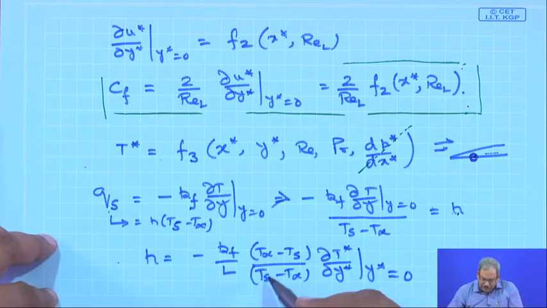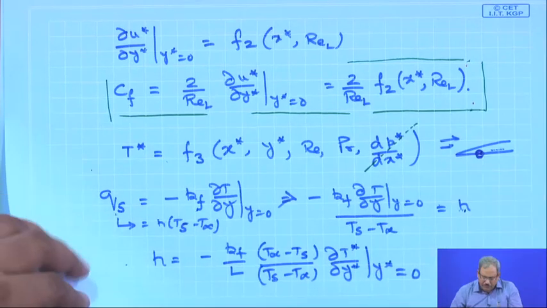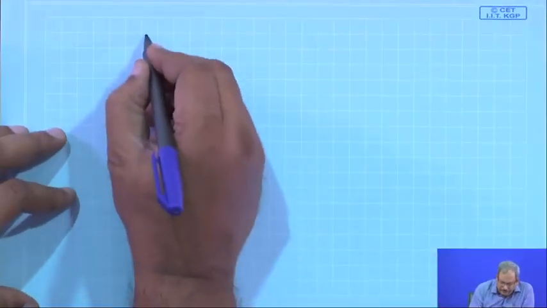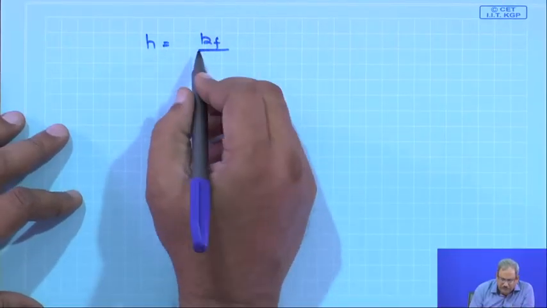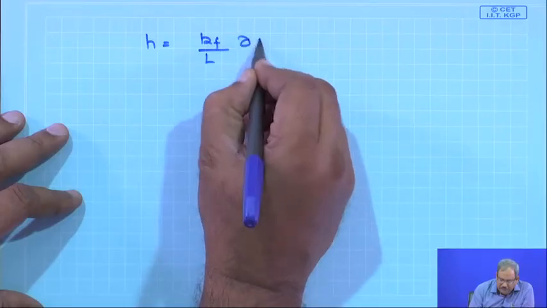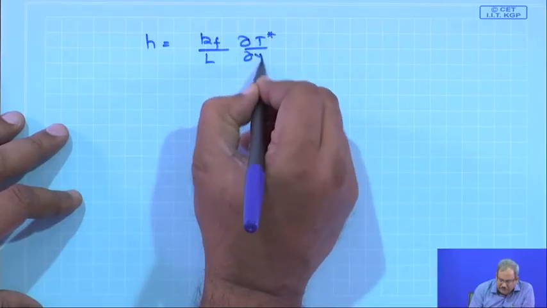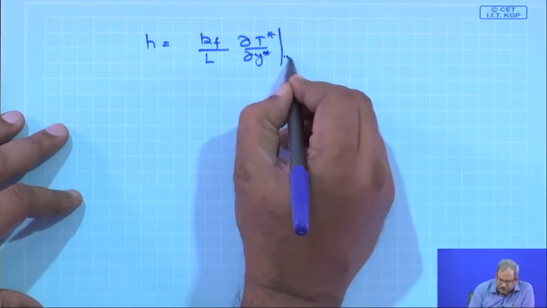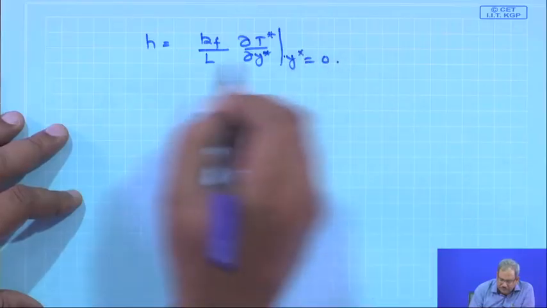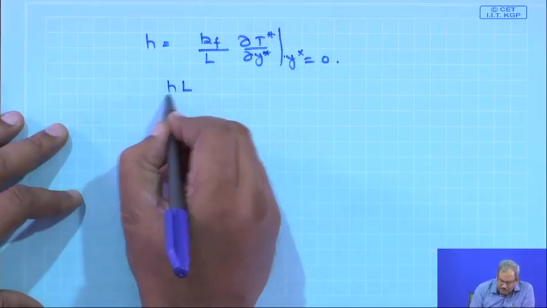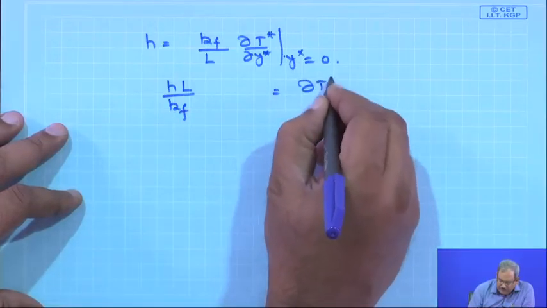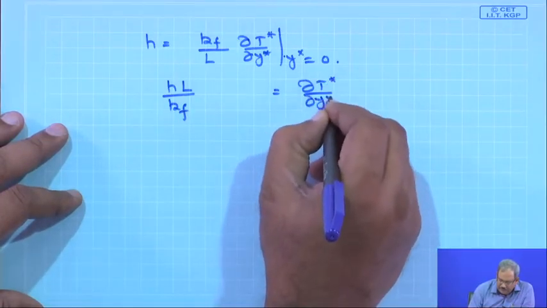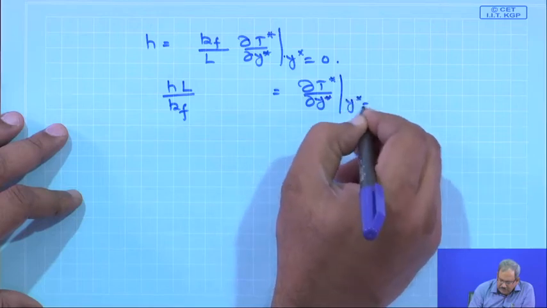When you cancel the numerator and the denominator, what you would get is h is equal to K f, the thermal conductivity of the solid, times del T star by del y star at y star equal to 0, or in other words, you can write h L by K f is equal to del T star by del y star at y star equals 0.